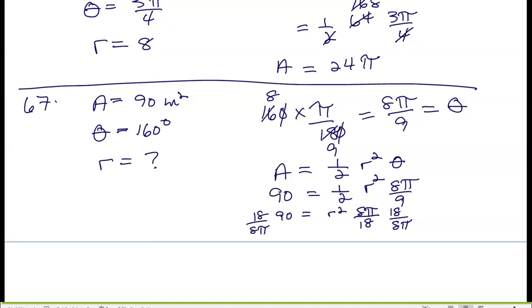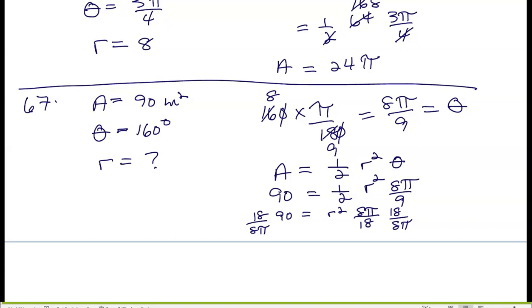Okay, so what am I going to do? Well, let's see. What's 90 divided by 4? Is that going to help me? No, of course not. Okay, so maybe I'll just reduce this.